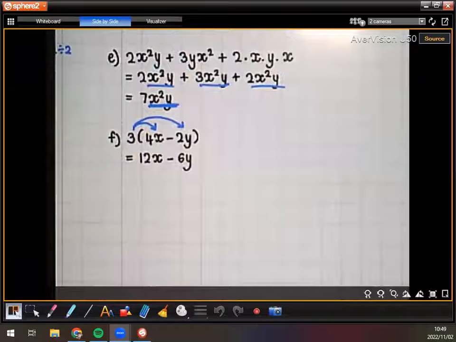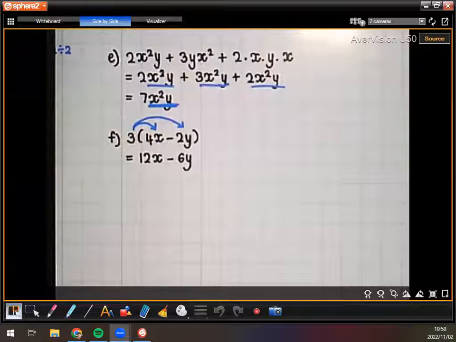And in the answer, those are also not like terms, so you can't do anything else for that. Oh no, so it's a number and a number. If it was an x and an x, then you would.